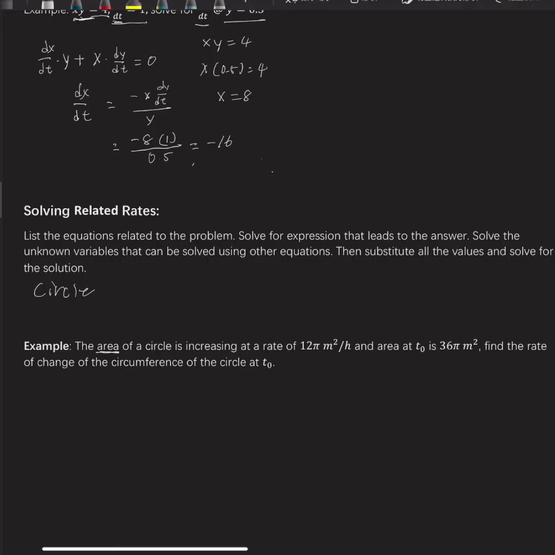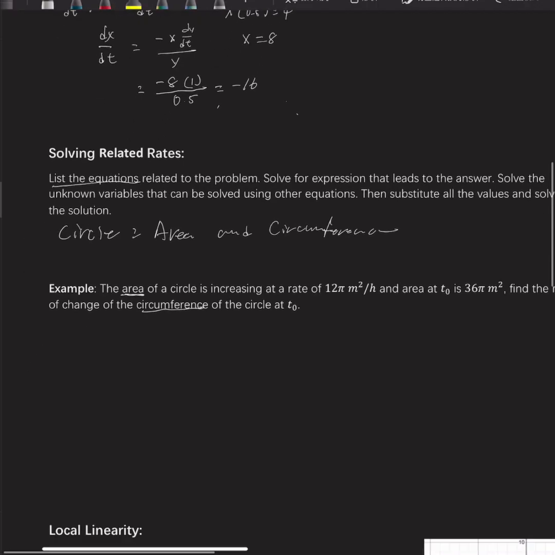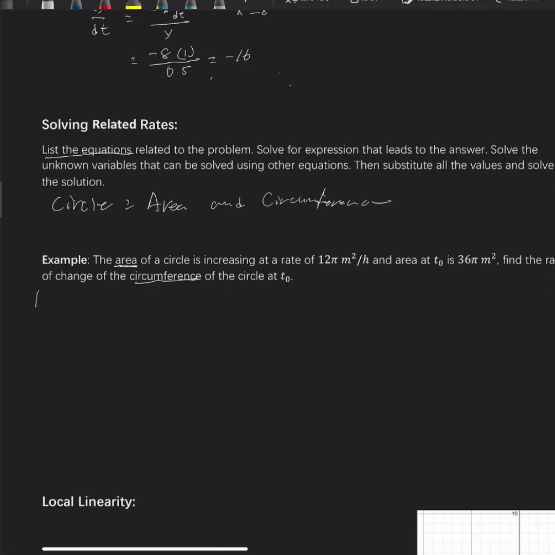It gives both area and circumference. So we need to list the equations related to the problem. So we see C is equal to 2 pi r. That's the circumference equation, and area is equal to pi r squared.